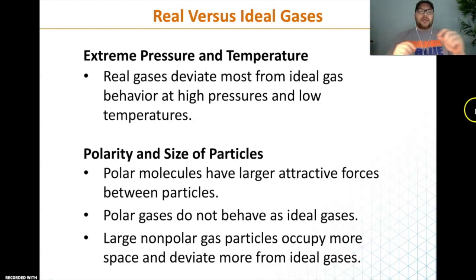I like to use the analogy that in order for a particle to interact with another particle, they have to first meet each other, right? If you're running past each other, you're probably not going to meet each other. You're just going to go right past them. But if you're walking past somebody, you might end up stopping and saying hi, how's your day? You're more likely to do that than if you're just running down the hallway.